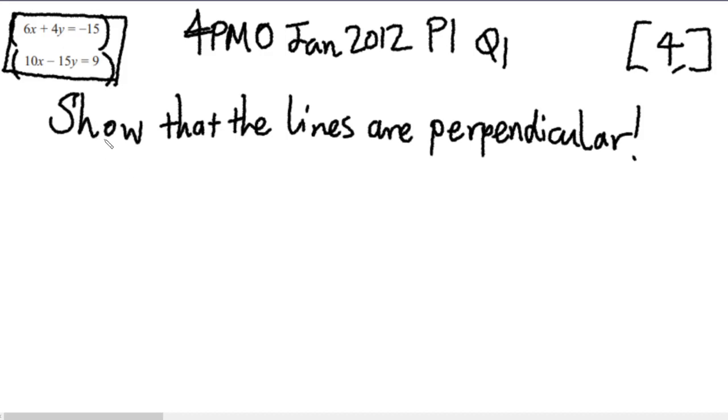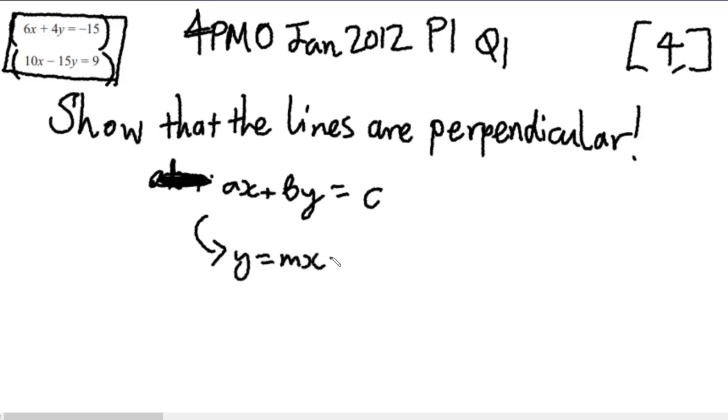So say we have these equations of a line, and they're in the form ax plus by is equal to c. What do we do here? Well, to find the gradient, we want to isolate it so that we have it in y is equal to mx plus k form.